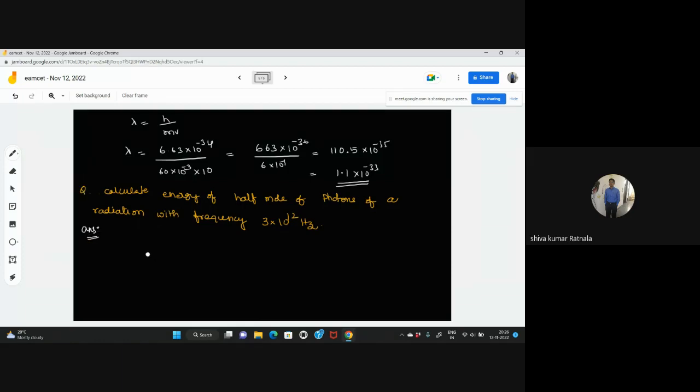How to do this? Tell me at least. Hello. E equal to h nu. Okay. From that, what can we get?